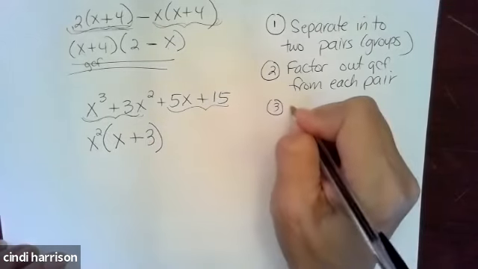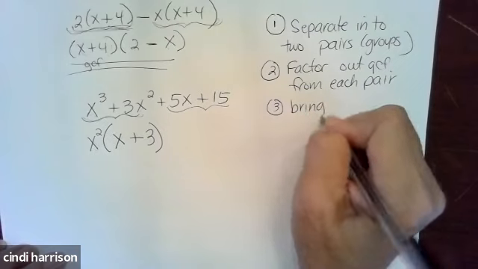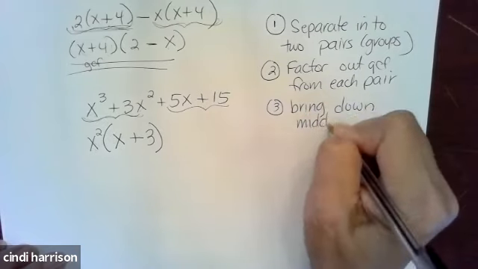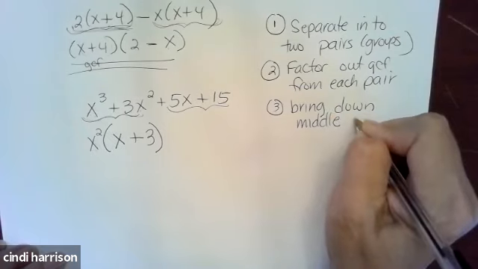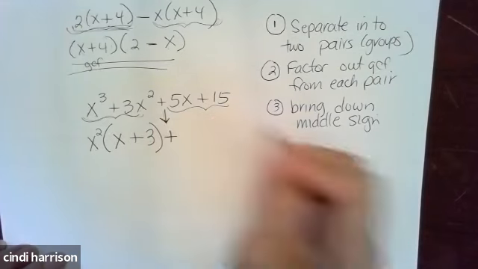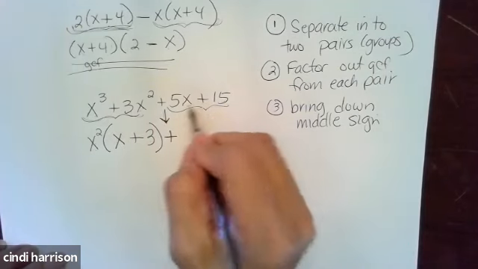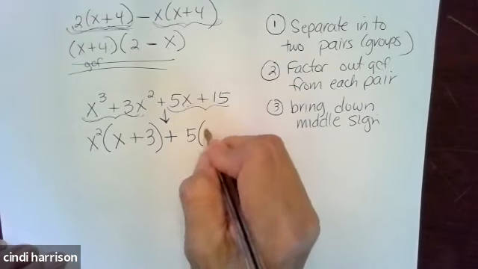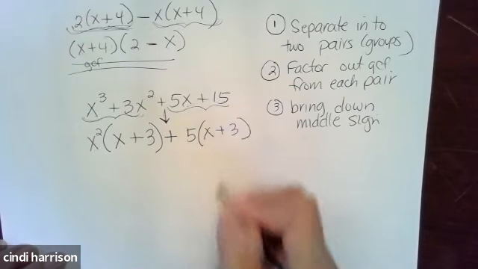We're going to bring down the middle sign, whether it's a plus or a minus. You don't want to lose that. Bring down the plus, and then we're going to factor this pair. So the GCF here is 5, and if I pull that out, that leaves x plus 3.